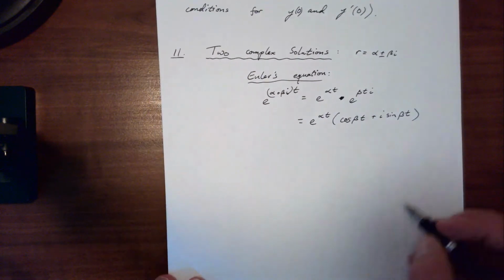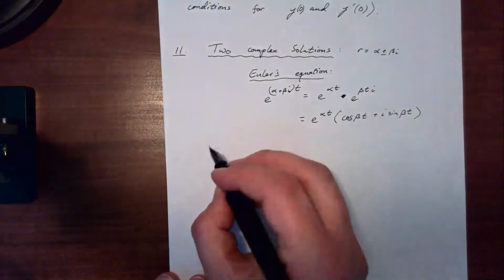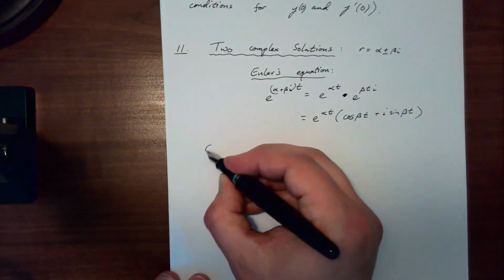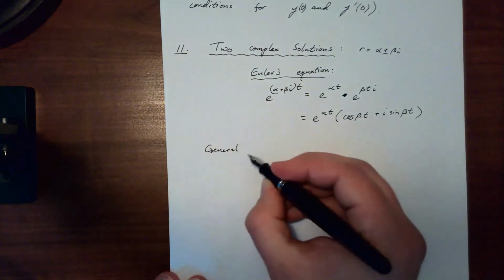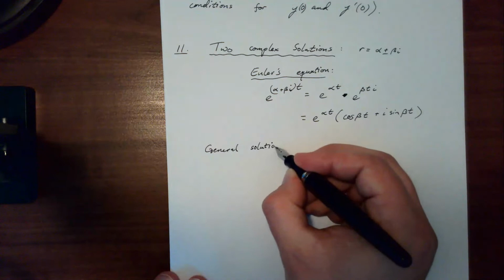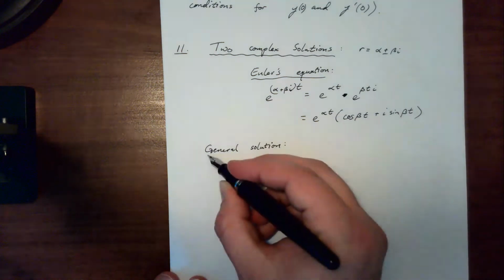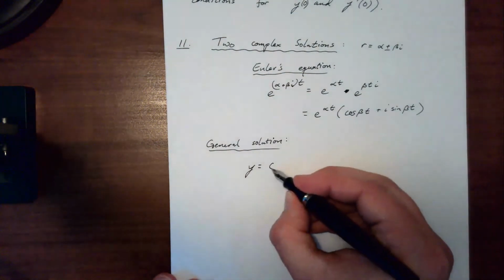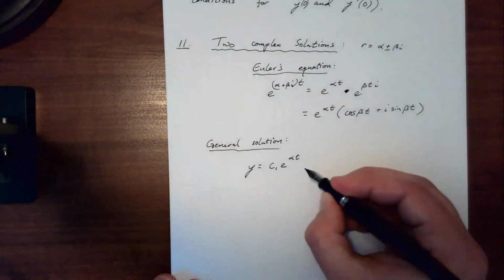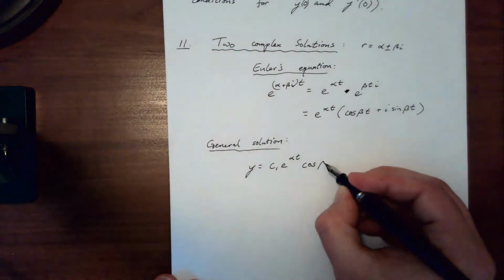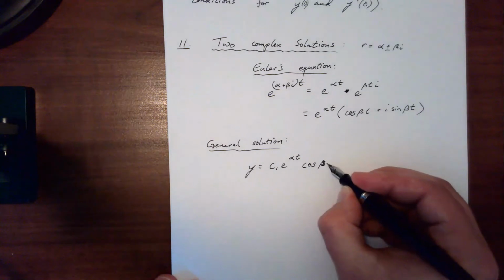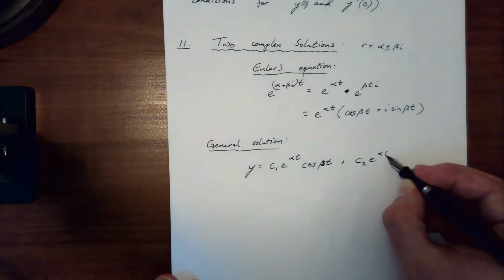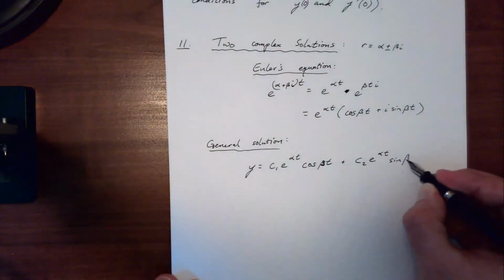And so then what we're going to essentially do is create the two solutions out of the following. The general solution basically comes from taking the real and imaginary parts of this, just as we have done before. y is equal to c1 e to the alpha t cosine beta t plus c2 e to the alpha t sine beta t.